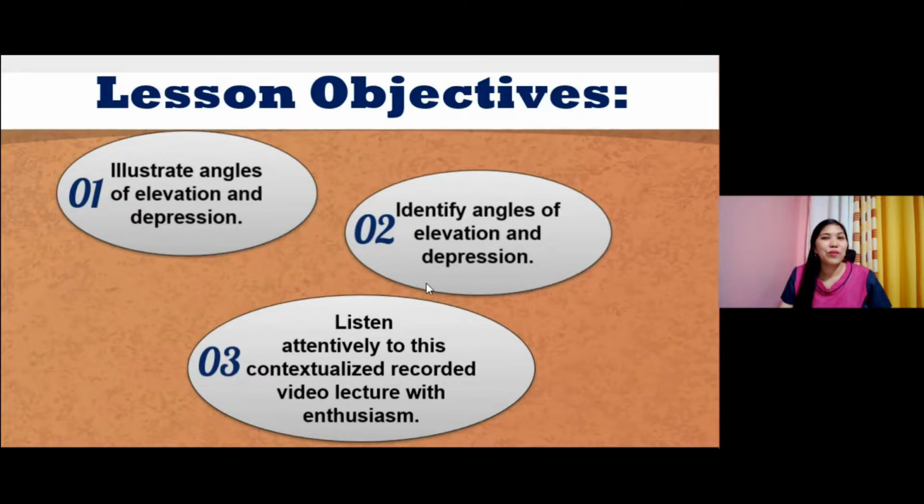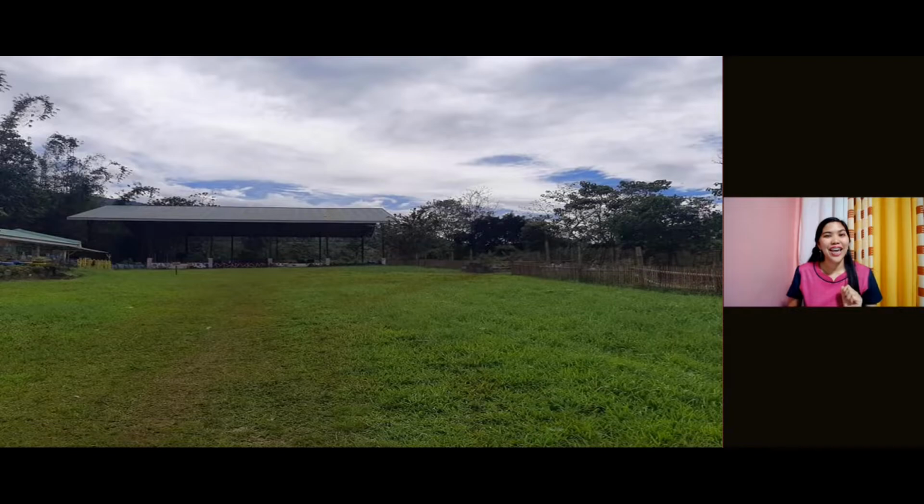Let's start with the first illustration or example. It's module day and it's your time to go to school for you to pick up your modules. Now, on your way to your classroom, you pass by this ground. Suppose that this is you.